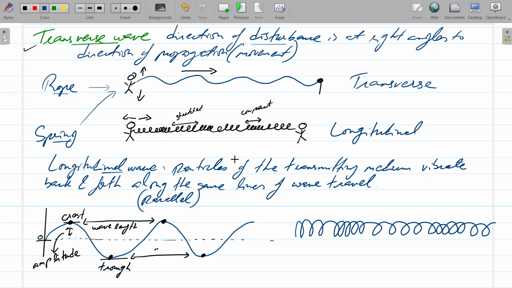So this part, which is all spaced out, is called, again, so this is a longitudinal wave.